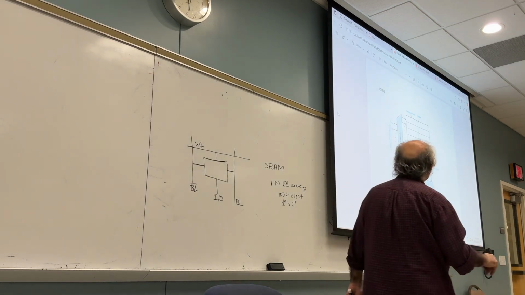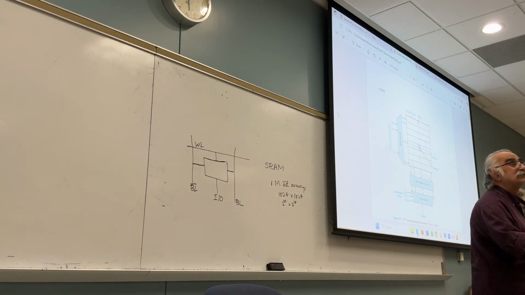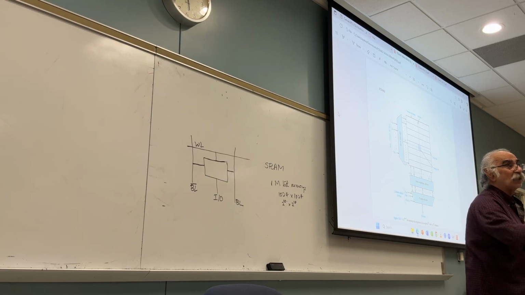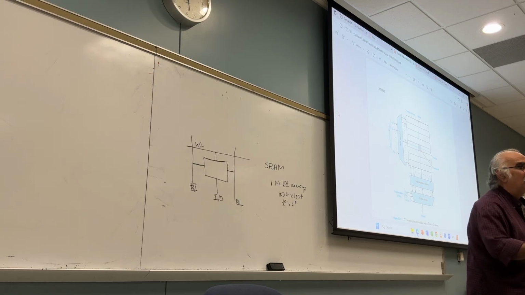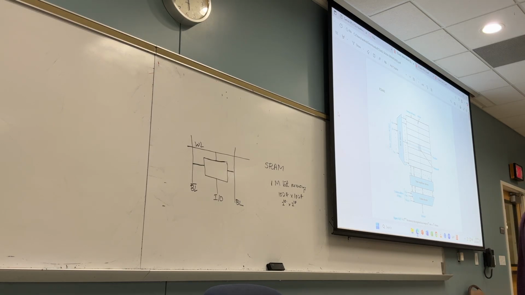Another thing about the sensor amplifier, which is a little bit weird, we will see it in just a second. In the sensor amplifier, the inputs and the outputs are the same. What does that mean? When I say the input to the amplifier is the same as the output of the amplifier, it means that when you input something to the amplifier, the output will come on the same port, not on a different port.